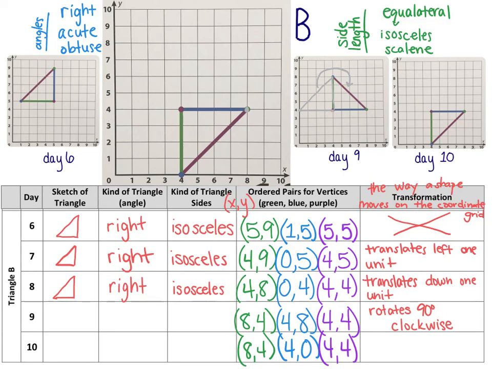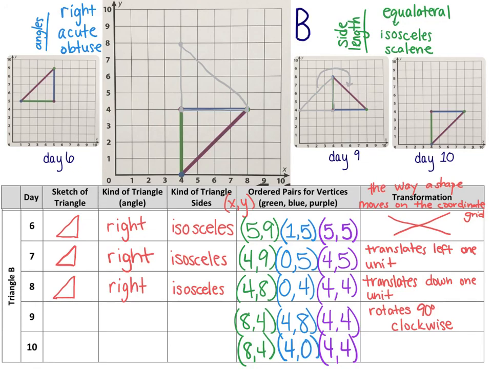Here's my next point. And 4, 4. Now we can connect our 3 dots to make our triangle. Okay. This triangle should look the same as the one on day 9. We can see, yes, they are. The blue line is on the 4 x-axis right here. So yes, that does look correct.